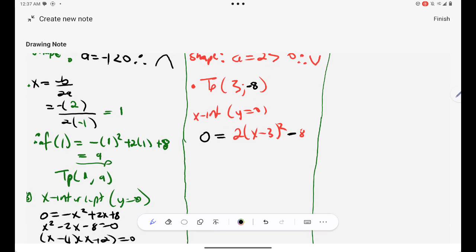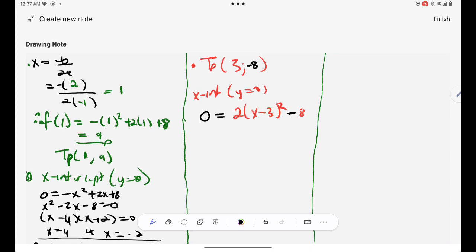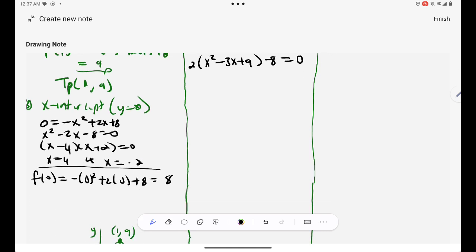Okay, I'm doing this because I want to have a solution whenever I find my x-intercepts. I must solve x now, guys. The first thing I need to do is to remove brackets. Together, so I will have 2, and then I'll have x squared minus 3x plus 9 minus 8 is equal to 0.